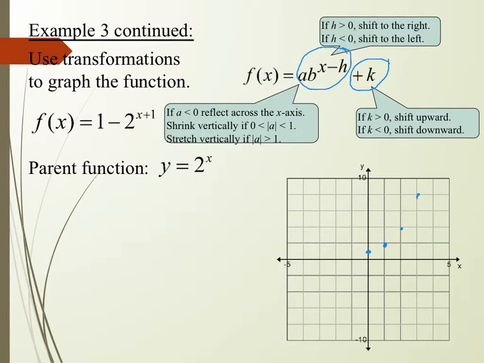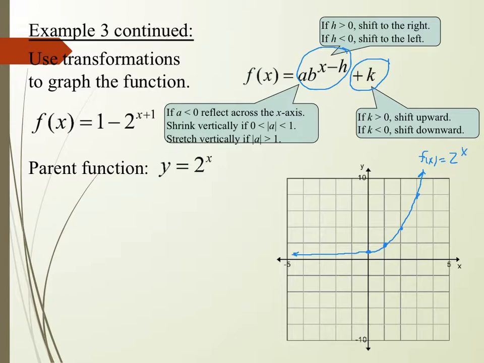So now this part of this function is f of x equals 2 raised to the x power. So let's write that out, 2 raised to the x power. So that's the parent function.